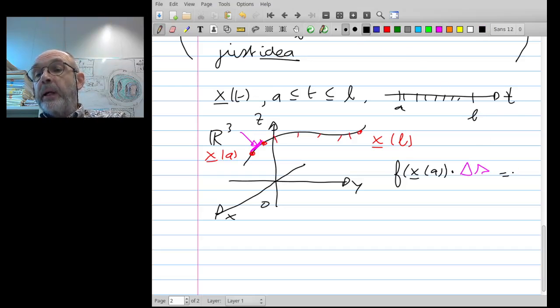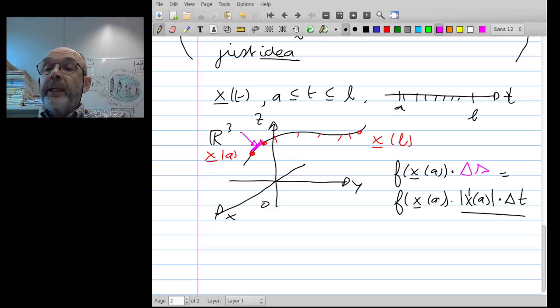And how do we get that delta s? We can think of it as a distance, and so we calculate the velocity in x(a), and then we multiply by a little step dt. Here you have your dt, and here is your ds term, the delta s term.